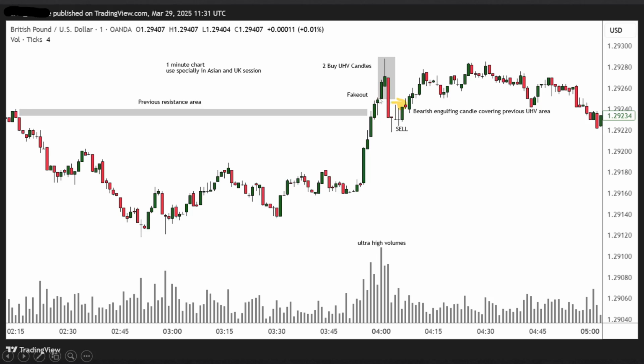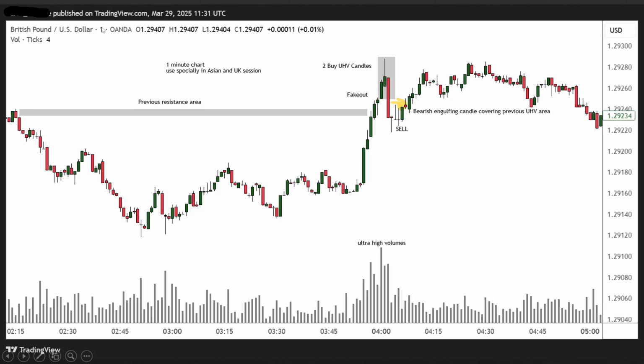When you see a breakout with bullish candles associated with ultra high volume, you just need to wait for one sell candle. Then one candle came in, engulfing the whole previous ultra high volume buy candles. Then you just sell there. You sell at this place, you place stop loss above, and just watch the magic. Price will go down towards your target, and you will get 1:3, 1:4, 1:5 profit.